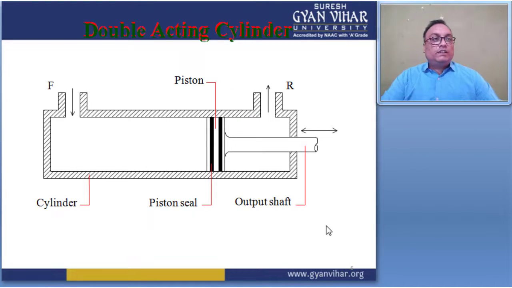This is the case of the double acting cylinder. In the double acting cylinder, the fluid enters at one end and goes out at the other end. This type of cylinder provides a fast return stroke and requires less time for the extension of the cylinder.